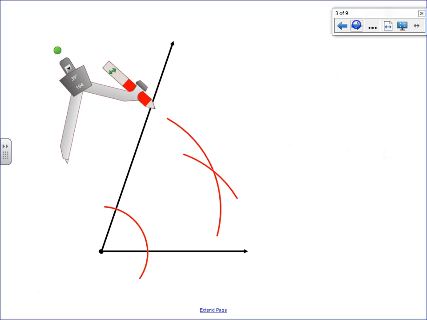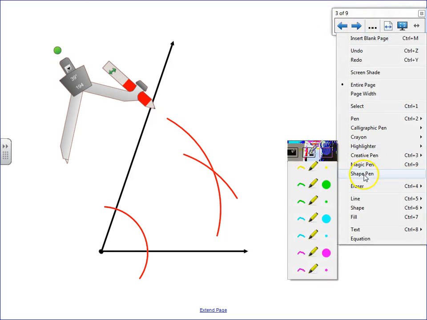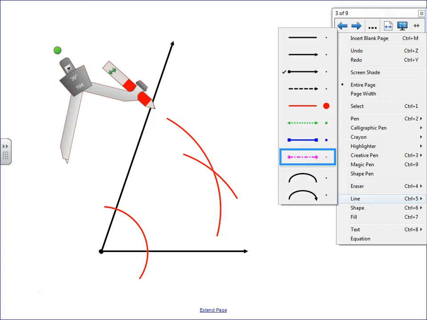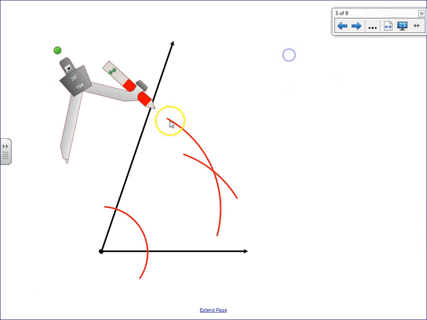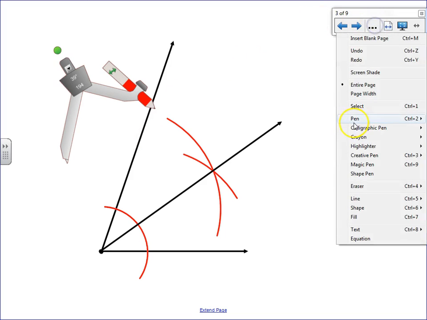And where those arcs intersect, that's going to give us our angle bisector. So if I take my straight edge and draw from my vertex through that intersection, that'll give me my angle bisector. Okay, so hopefully you can see why that works.